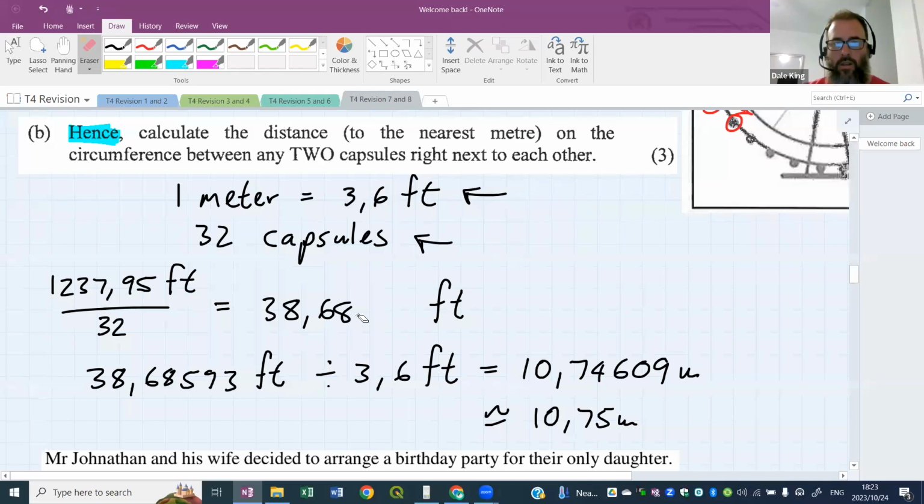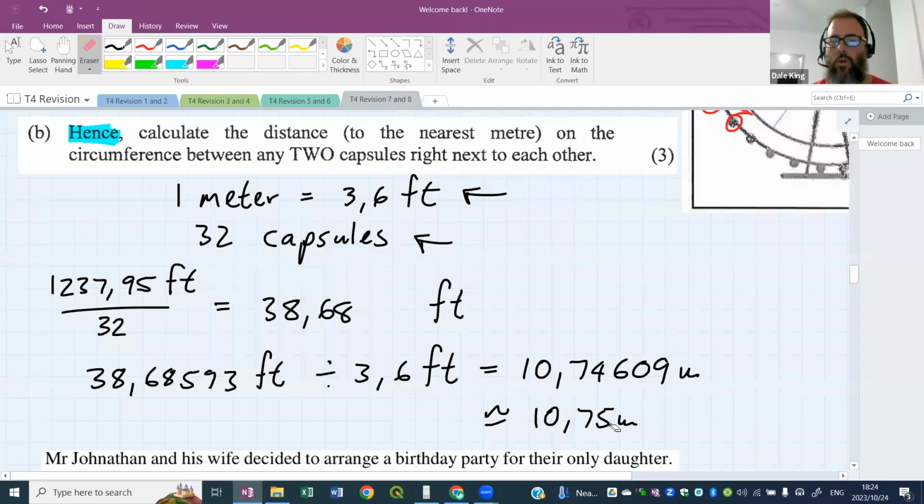Incorrect. So they'll check here 38,68. Or maybe you round it up to 38,69, and they're like, oh, okay, we're expecting an 8 here, but it's fine. Let's go down to the answer. If your answer is still 10,75, it's not an issue. But if your answer is wrong, like 10,74, in fact, like I said to you guys last week, if you're one second decimal place off, they won't mark you down in the end.